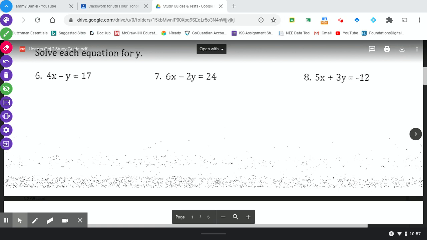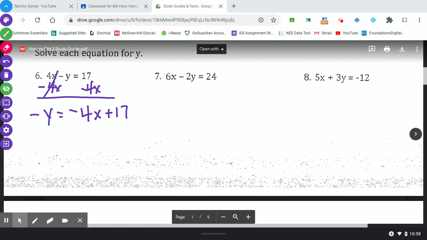All right. So we're going to subtract 4x from both sides. That eliminates that and leaves you with -y equals -4x plus 17. And again, the beauty of algebra is you can change the sign on any number in an equation as long as you change the sign of everything else.